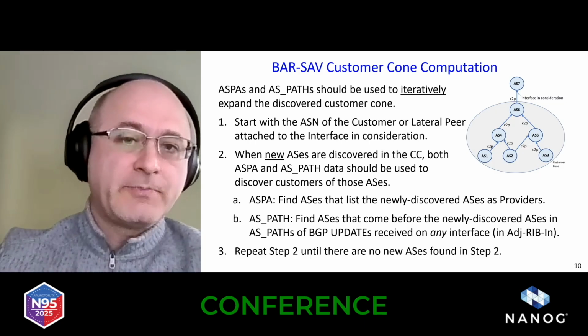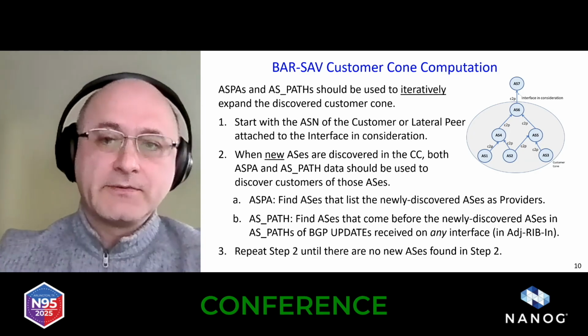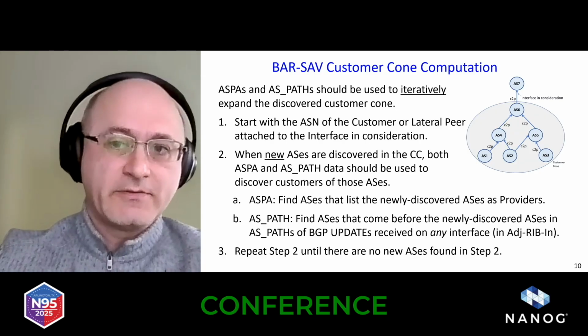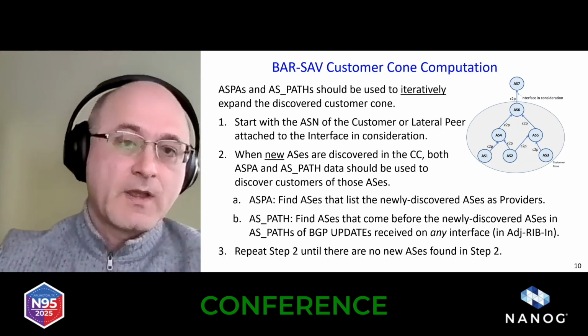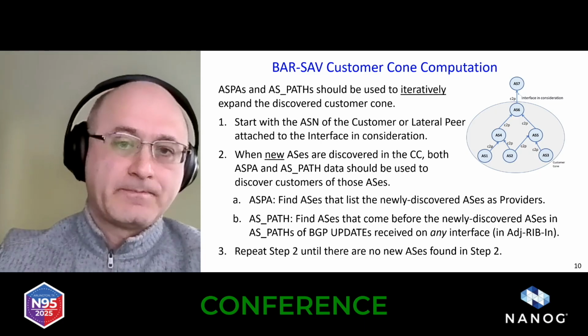So looking at ASPA, we find all the ASs that list the newly discovered AS as a provider. So they're the customers. And using ASPA, we find ASs that come before the newly discovered AS in the AS path.